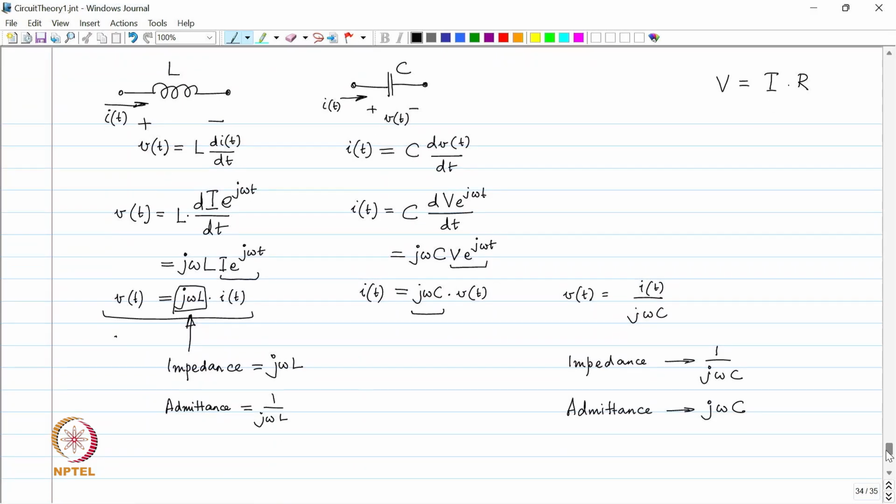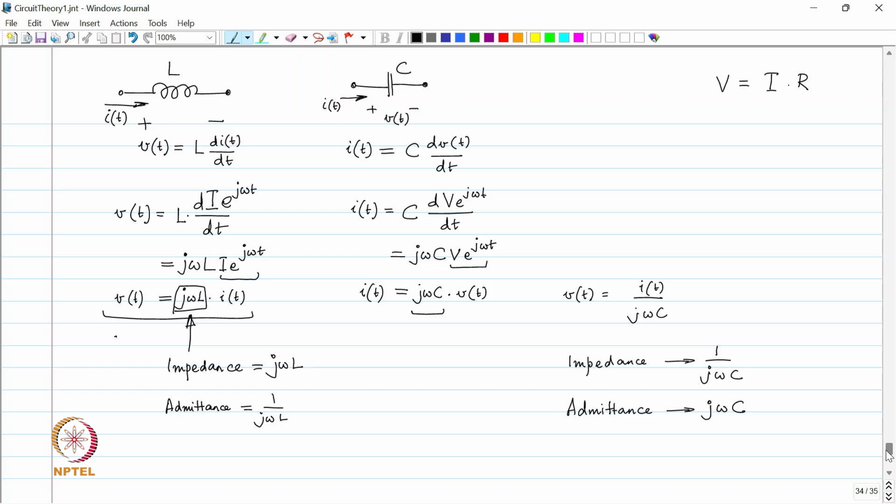We also saw that an inductor behaves like some sort of resistance. It follows some sort of Ohm's law, where the impedance is j omega L. We do not call it resistance anymore.